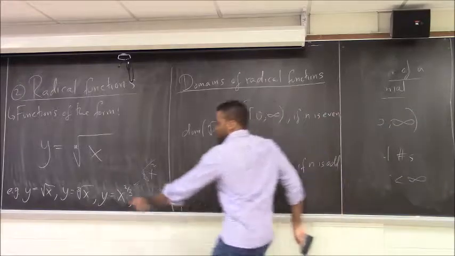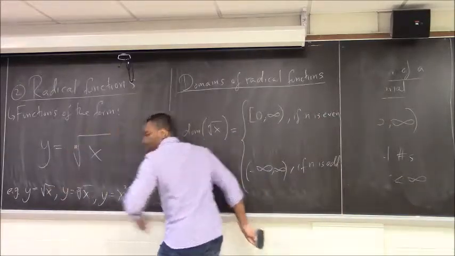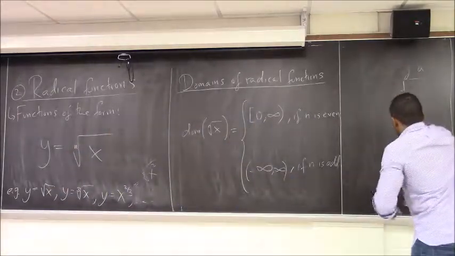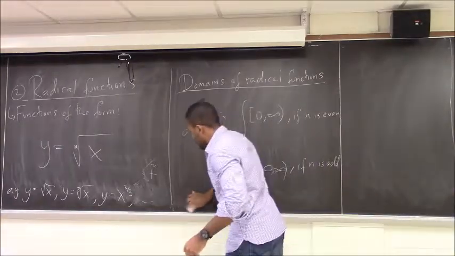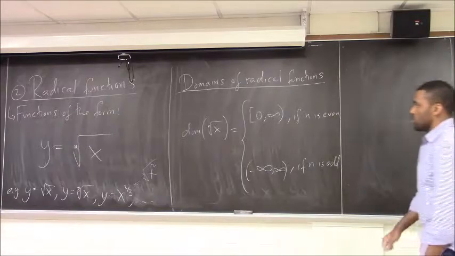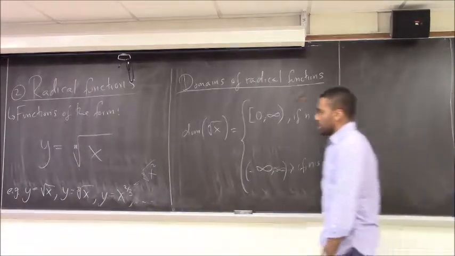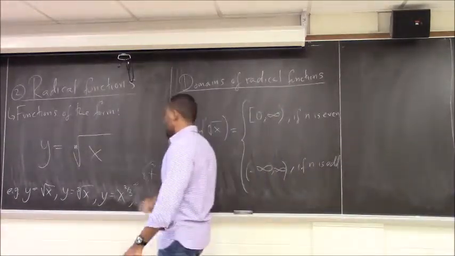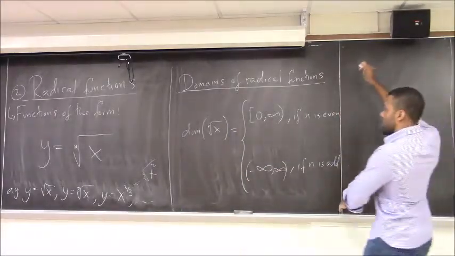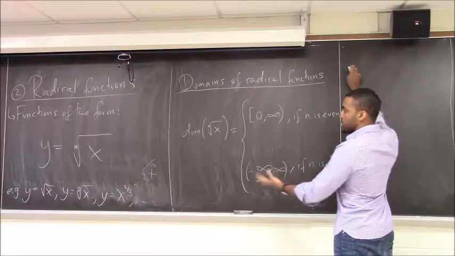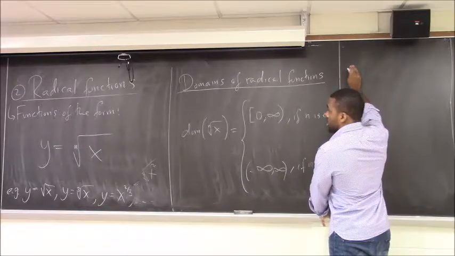Of course, if a number is not written, it means there's an invisible 2 there. We'll talk more about what that means later when we talk about exponential functions, and we'll go over the rules for radicals. But for now, I just want you to know about this notation.